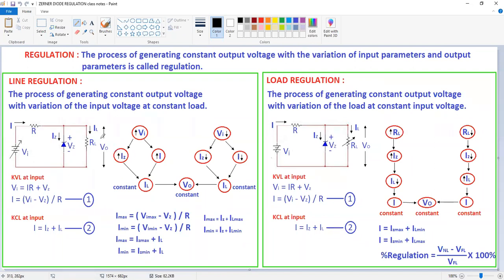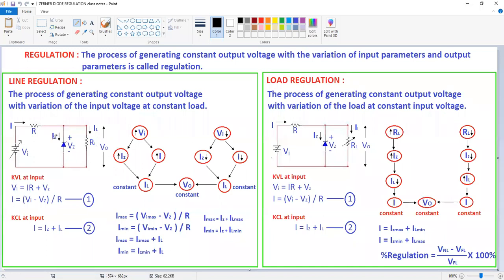What are the parameters affecting this output voltage, the input parameter as well as the output parameter? That means this supply voltage as well as this load resistance. These two parameters are affecting the output voltage. If you increase or decrease the supply voltage, or if you increase or decrease this load resistance, there is a change of this output voltage.